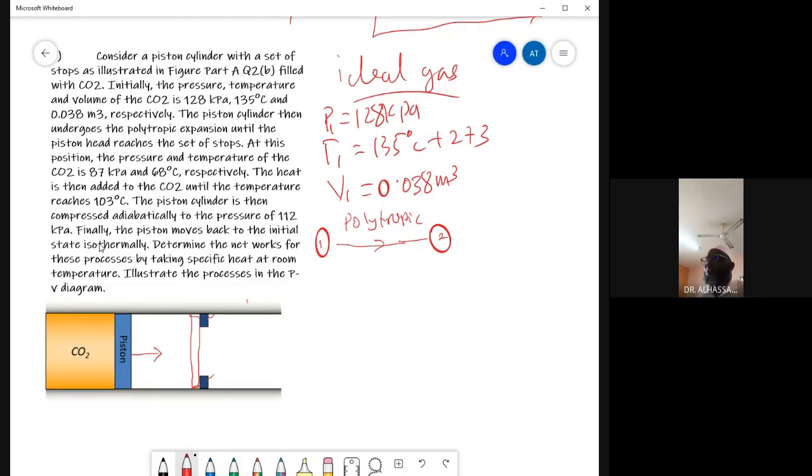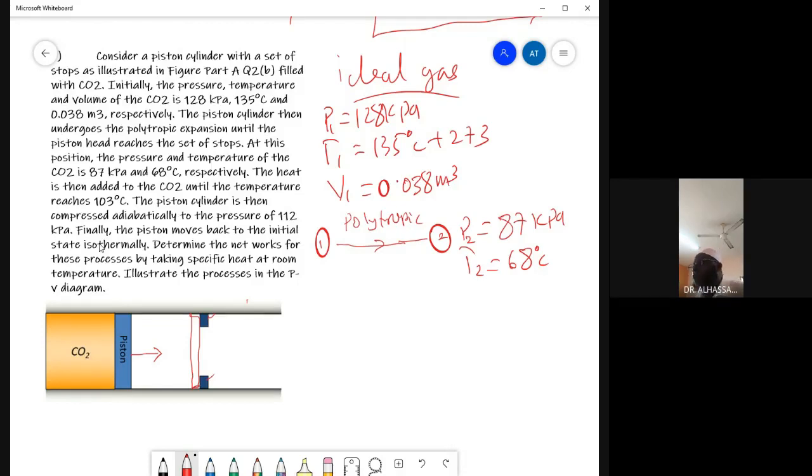Now, at this position, at state 2, the pressure P2 equals 87 kilopascal, and the temperature T2 equals 68 degrees Celsius.